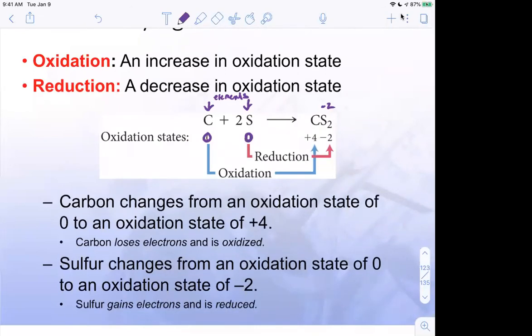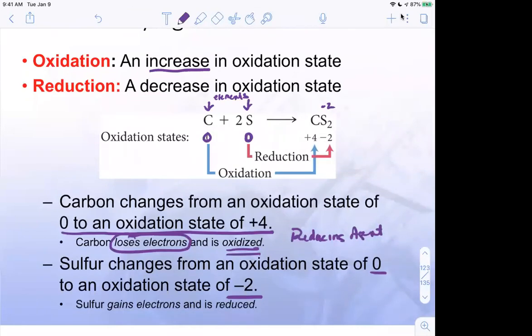So carbon goes from 0 to +4. It's losing electrons. It's increasing its oxidation state. Carbon is oxidized. Carbon is the reducing agent. Sulfur changes from 0 to -2.